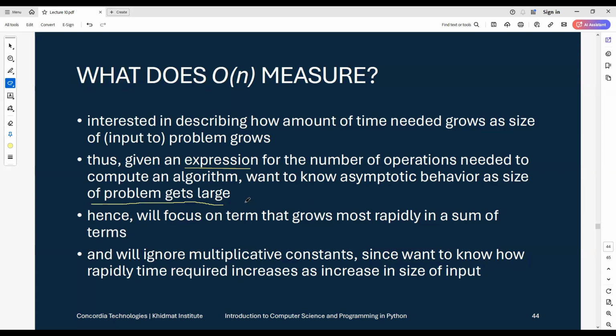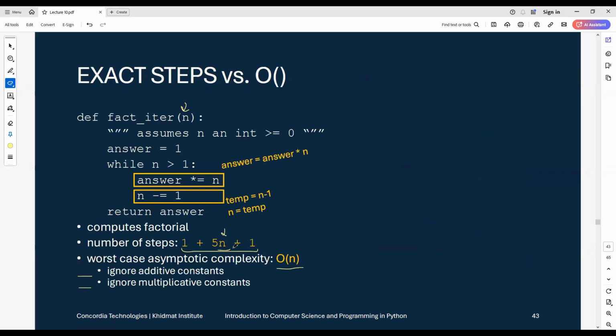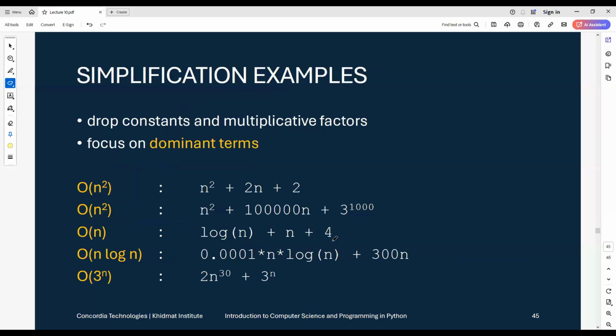So when that size of the input gets very large, how does that affect the running time of the algorithm? That's what we are actually interested in knowing. And for that purpose, the only significant item in this whole expression, when n becomes abnormally large and goes into millions or hundreds of millions, is the only part of this expression that we are interested in.